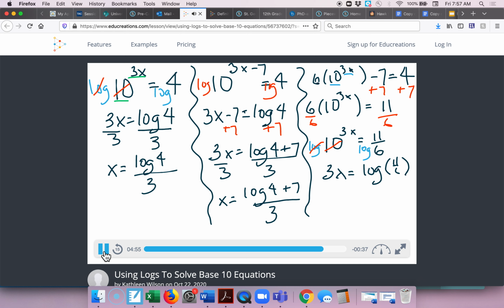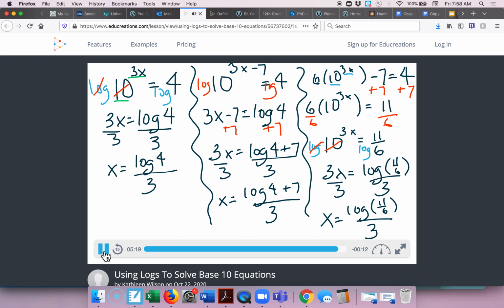I'm going to put it in parentheses since it's a fraction. I want to make it clear that I'm taking the log of that whole fraction. Right, now last step is divide by 3. Divide by 3. Right, I know it's not a pleasant looking answer, but it is a very precise answer.